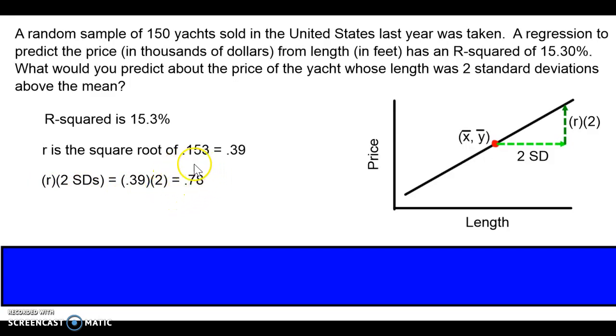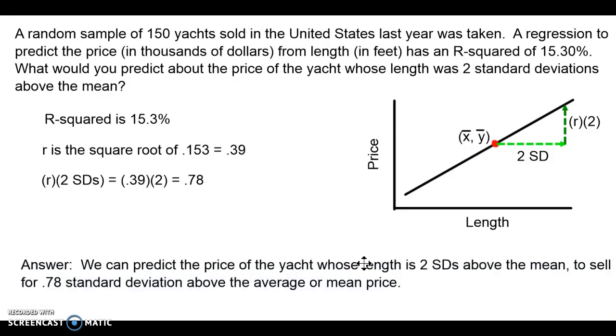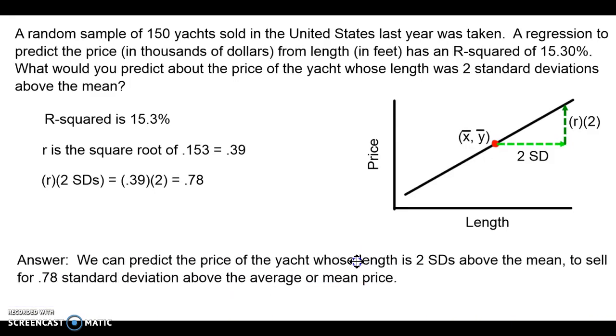So what does that tell me in the context of this problem? Well, it's not going to tell me the exact price of the yacht that is 2 standard deviations above the mean, because I don't know what the mean is. But in general terms, we could say this down here.